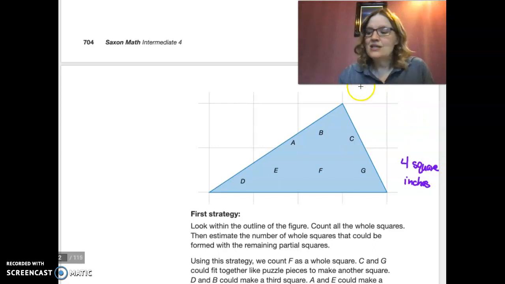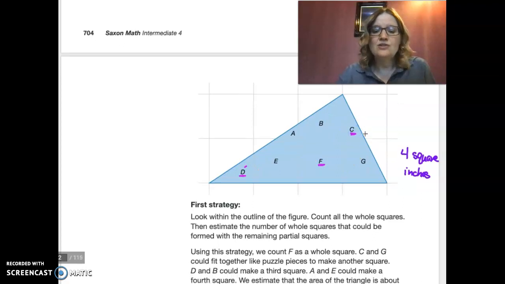Another way to look at this is we first look at our whole squares, which F is a whole 1 square inch, and then we start looking at all of the halves that can be added together. D looks like a half of a square, and C looks like almost half of a square. So I have 1, and then this is between C and D. That gives me a square.